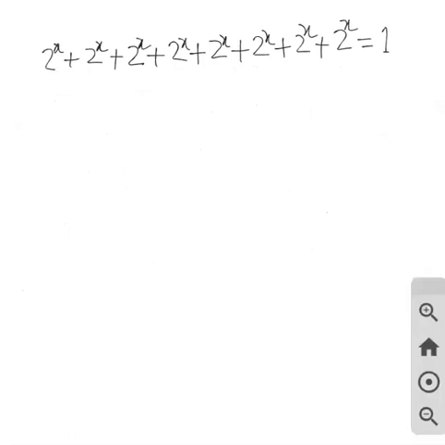That's the problem statement. So if 2 to the power x added 8 times equals 1, what is the value of x? That's the question. As per the algebraic exponent rule, if you add 2 to the power x 8 times, that means 8 multiplied by 2 to the power x equals 1.